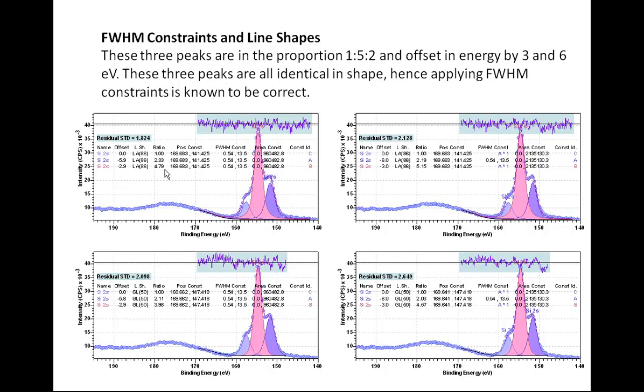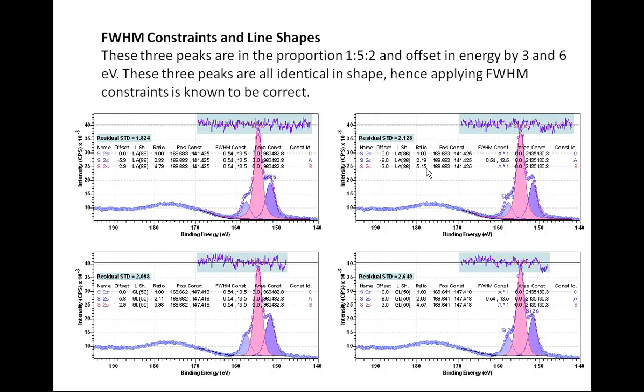It's close but not quite. But once we introduce the constraint that the full width half maximum for all peaks is identical, then the result is really quite good. We've ended up with an offset of 0, 6, 3, and that is the expected, and the ratio is 1, 2, 5.